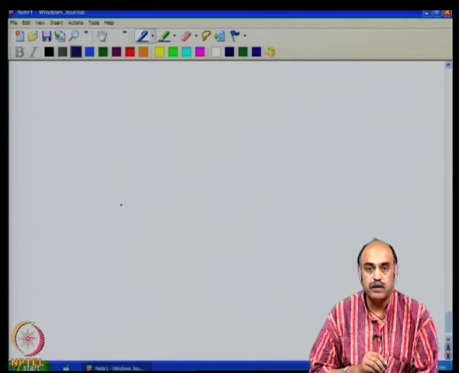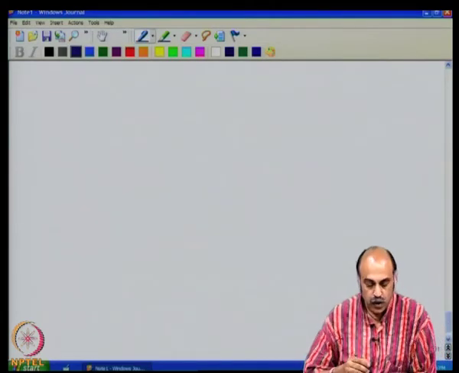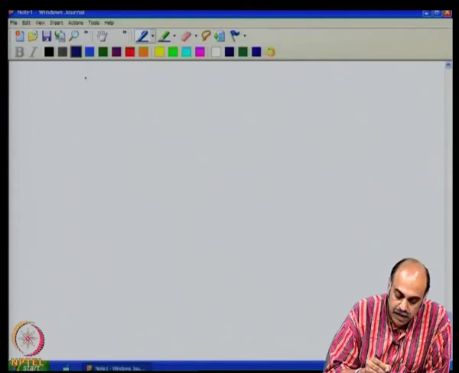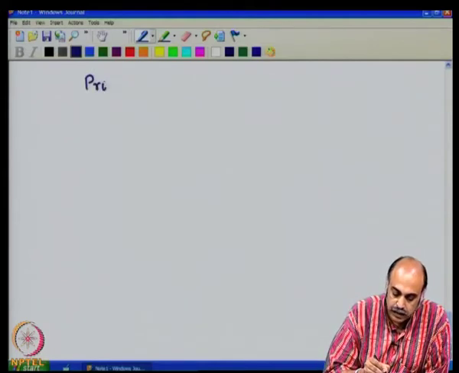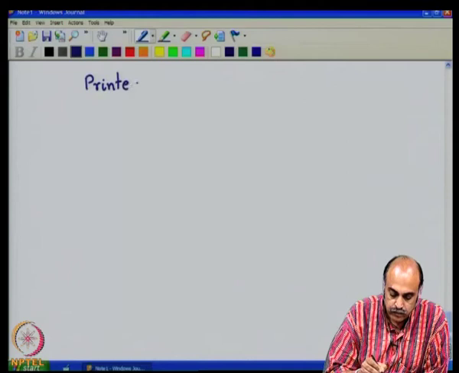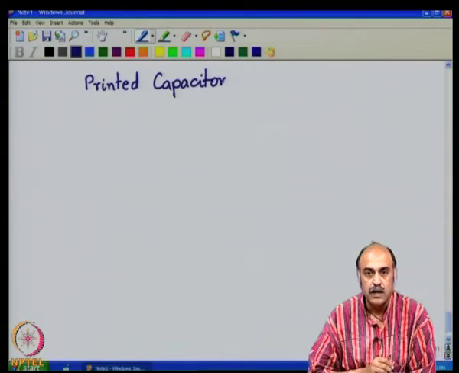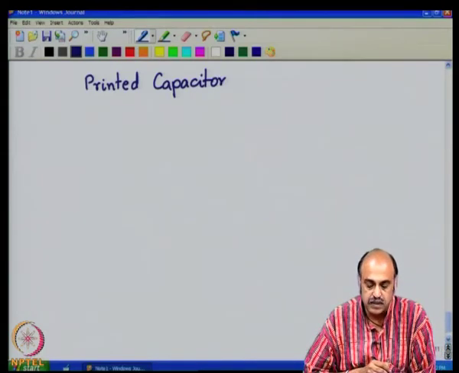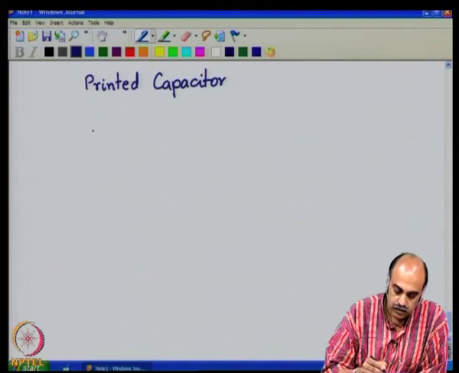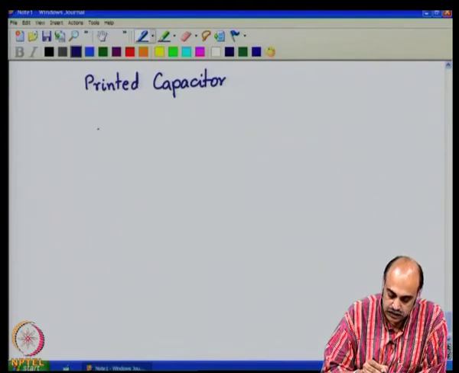So, on the tracks, apart from putting external components, one could also make printed capacitors and printed inductors. Printed capacitors are made by the tracks themselves. One of the simpler ones is something like this.